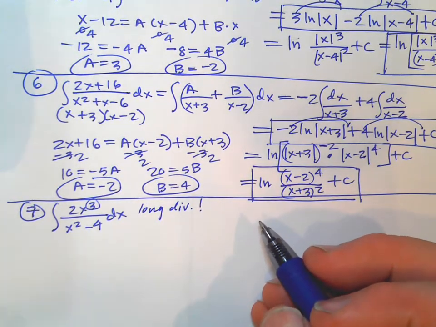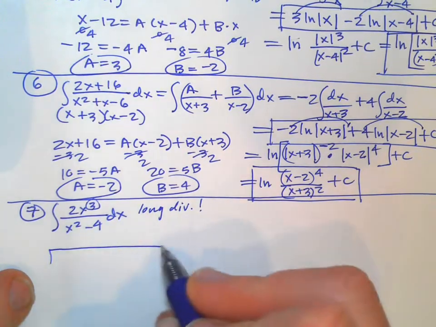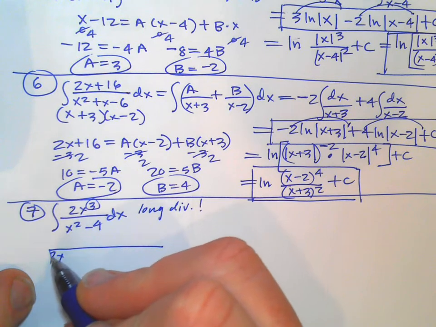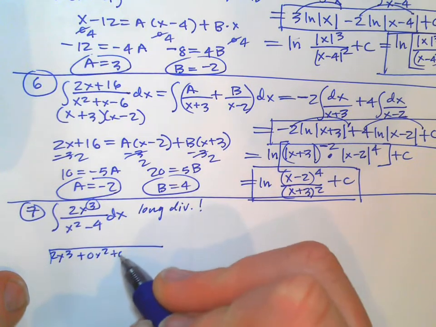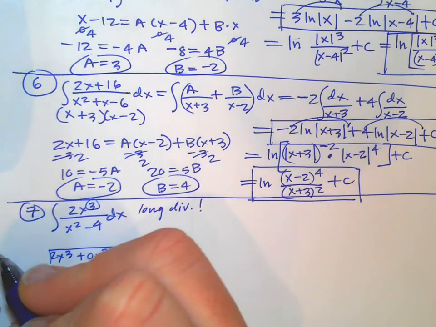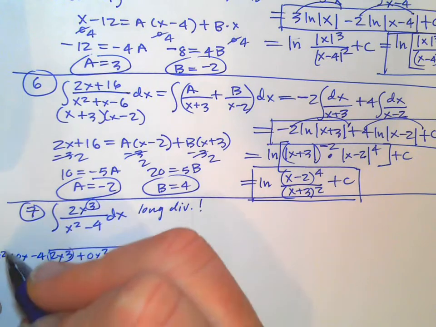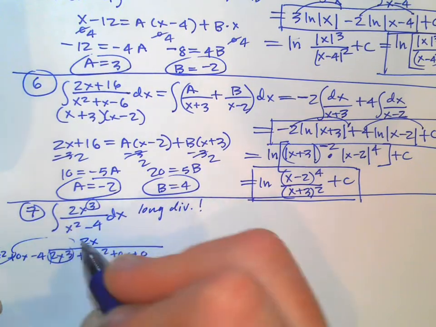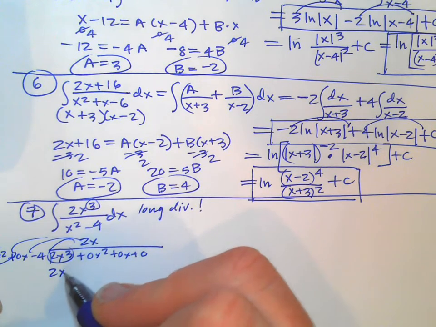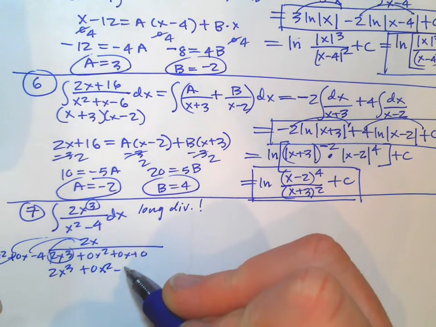That would be 2x cubed plus 0x squared plus 0x plus 0, divided by x squared plus 0x minus 4. First terms: 2x cubed divided by x squared is 2x. Multiply: 2x cubed plus 0x squared minus 8x.